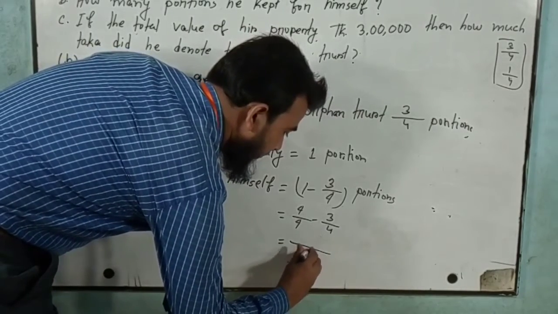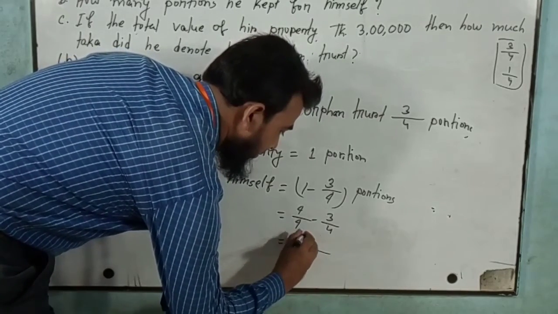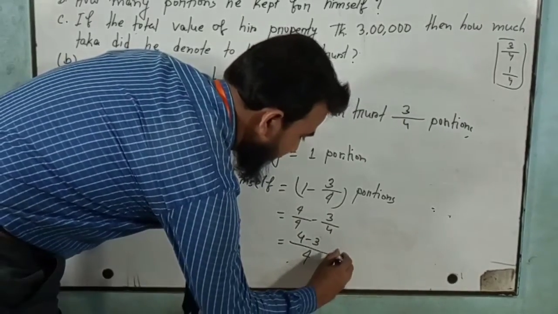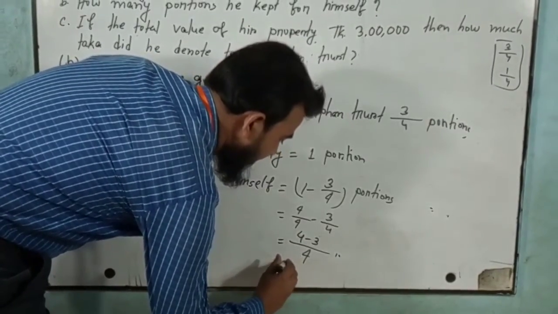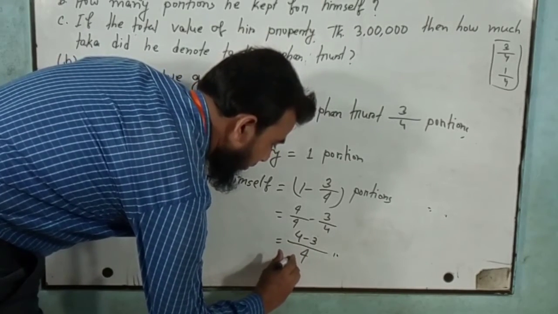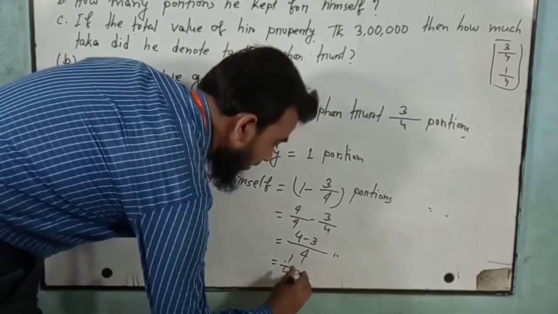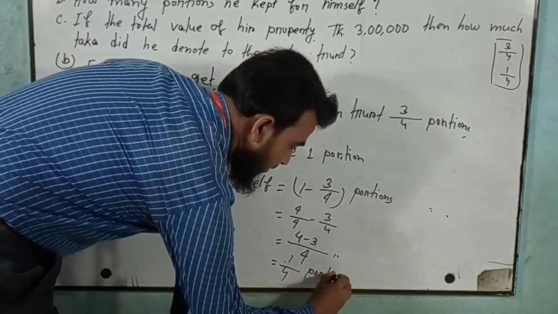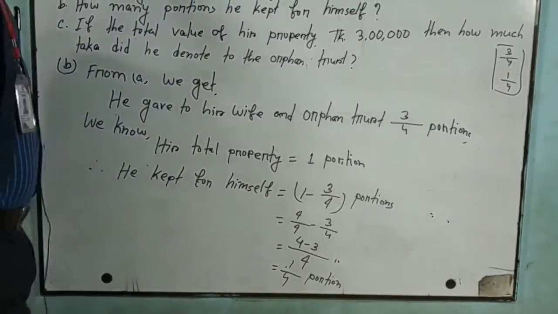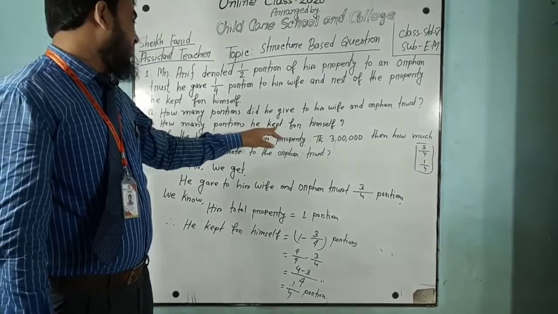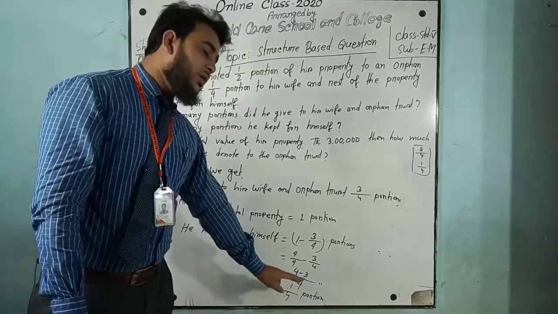Here the LCM will be 4, and here 4 minus 3. I think you have done this very easily. Look here, if we subtract 3 from 4, then it will be 1, and here 1/4, 1/4 portion. So you can write here the finishing line. He kept for himself 1/4 portion.